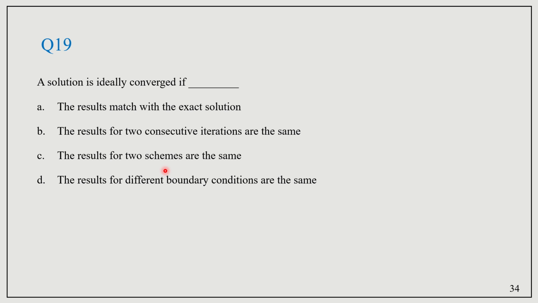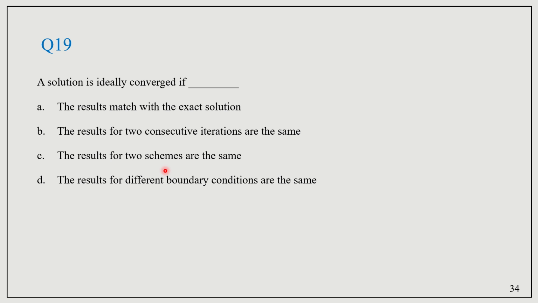So actually, a solution is converged if in two consecutive iterations we are getting the same solution. We'll see the statements one by one. First one says the results match with the exact solution.